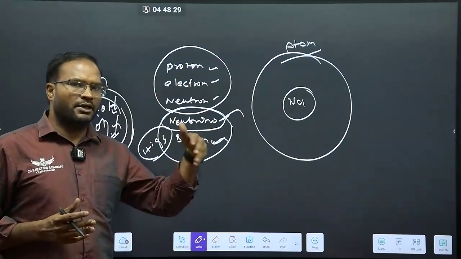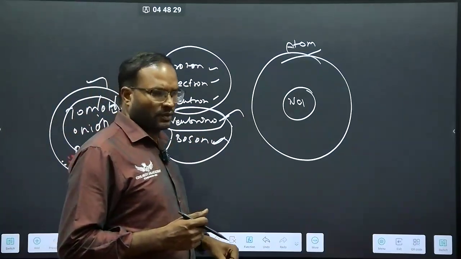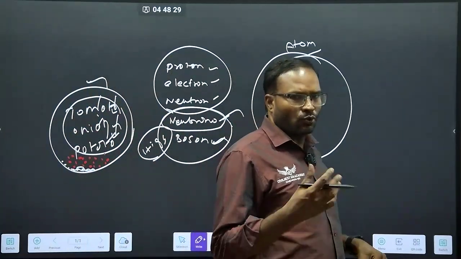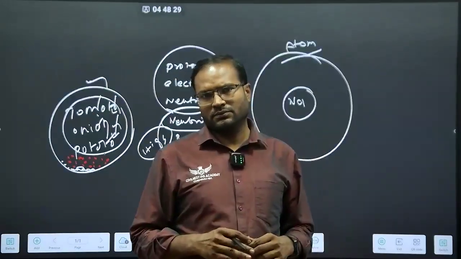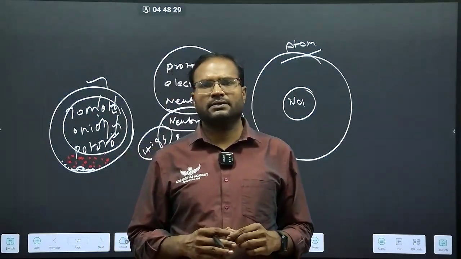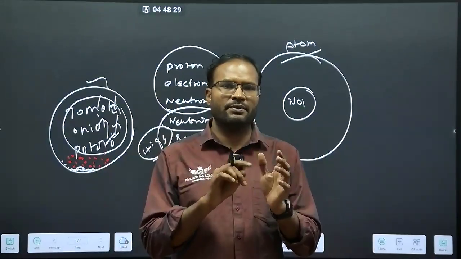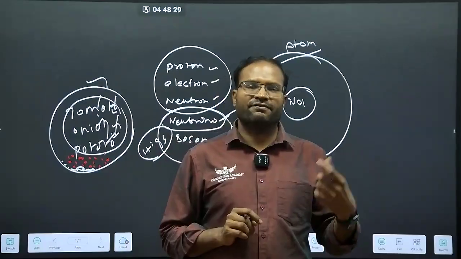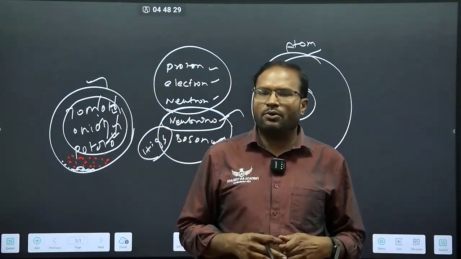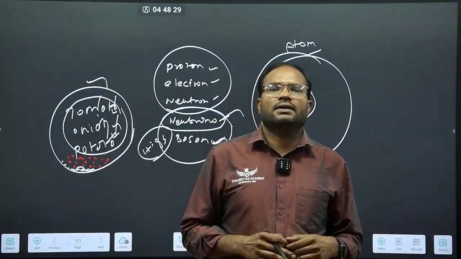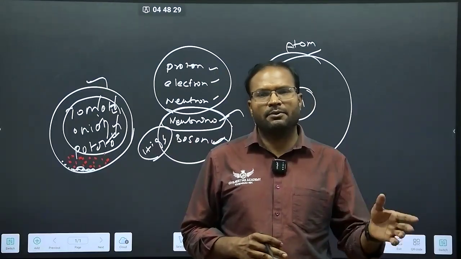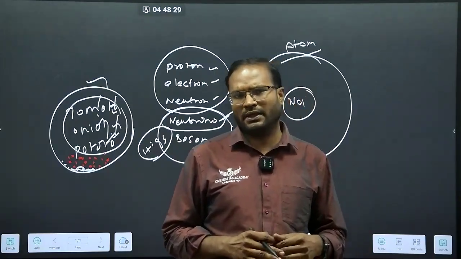Let me enumerate it one by one. Pro means primary, progress. Any word that starts with PR means primary. Since the proton was discovered first, they named it proton. So it is a subatomic particle.